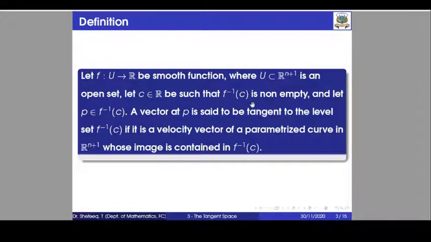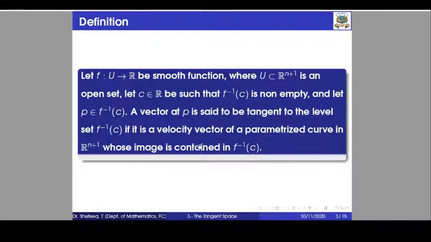be a level set such that p belongs to f inverse c, p be any point in f inverse c. Then a vector at p is said to be tangent to the level set f inverse c if it is a velocity vector of a parameterized curve in R^(n+1) whose image is contained in f inverse c.